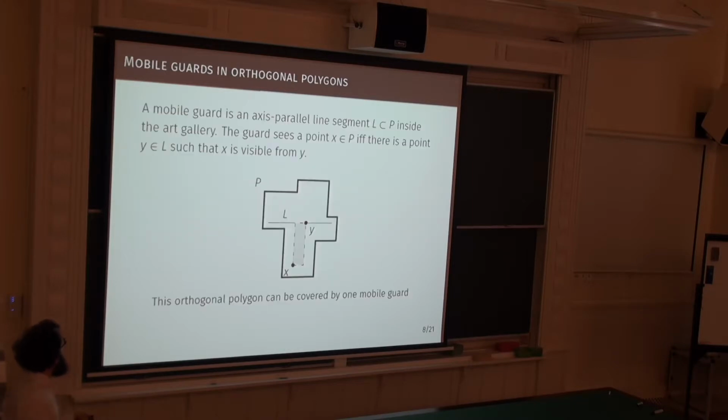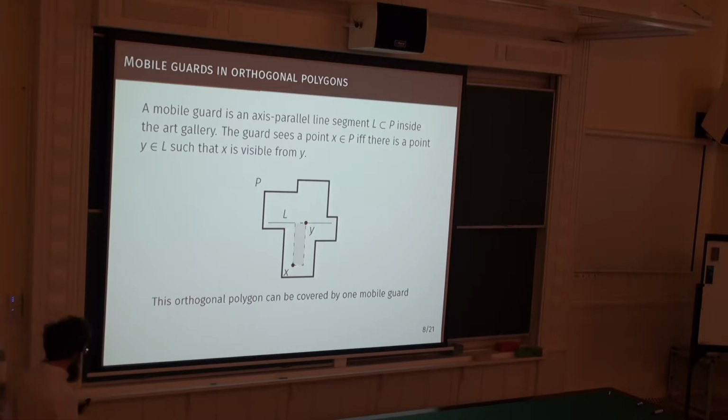Okay, now let's consider mobile guards in orthogonal art galleries. So what's a mobile guard? A mobile guard is an axis parallel line segment in the gallery, and this guard sees a point x in the gallery if there is a point y on its line segment which has rectangular vision of this point.